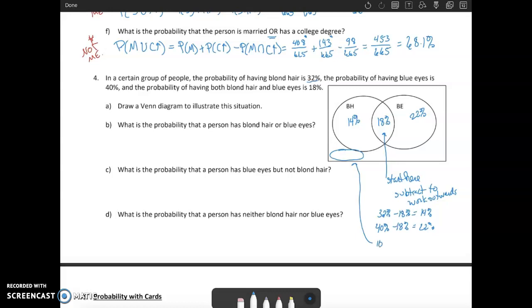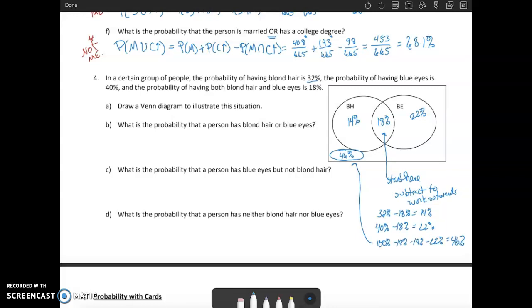So if I take 100% minus 14% minus 18% minus 22%, what's left to go on the outside is 46%. So again, you have to use that probability distribution rule, which says all the probabilities have to add up to 100%. So now we have everyone accounted for, and now we can answer questions.